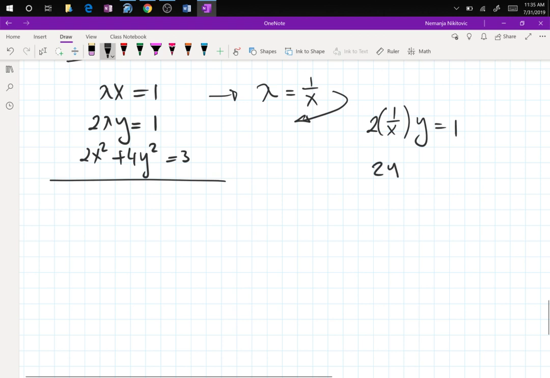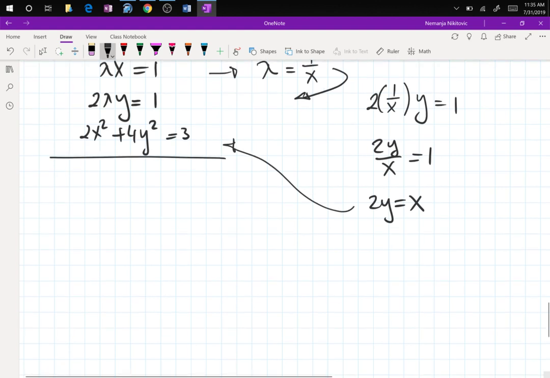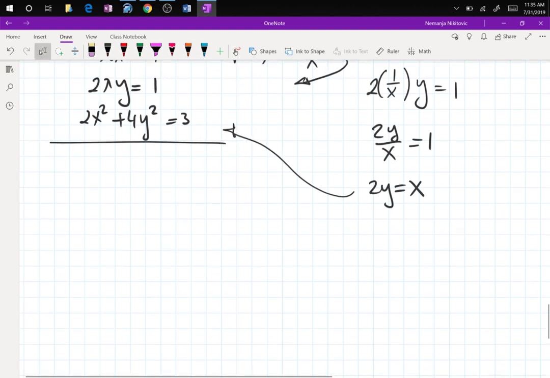So we have 2y over x equals 1, from where we can just write 2y equals x when you multiply x to the other side. So now we will plug this into the third equation, replacing the x with 2y. So 2 times 2y squared plus 4y squared is equal to 3.